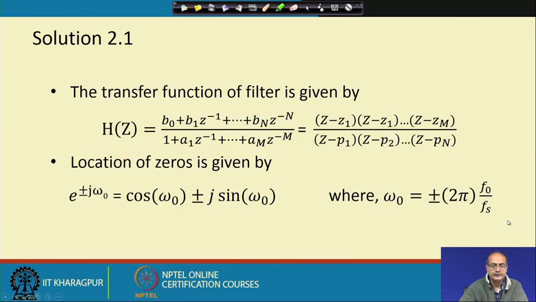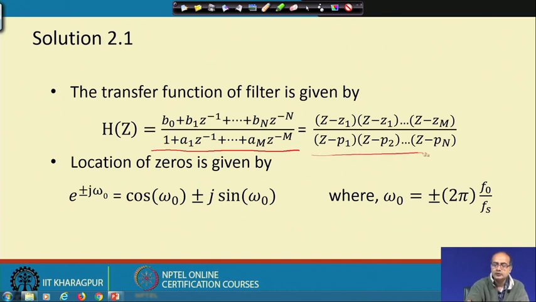For that we have to use a filter, and first we take the general transfer function of the filter. We have first written it in rational polynomial form, and then we write it in the form of poles and zeros.